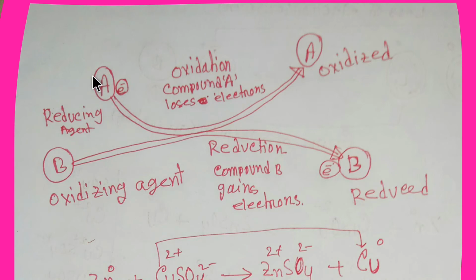And this A is oxidized by releasing electron. On the other hand, B is gaining electron. So gain of electron is called reduction, right? And this oxidizing agent after taking electron will be reduced.